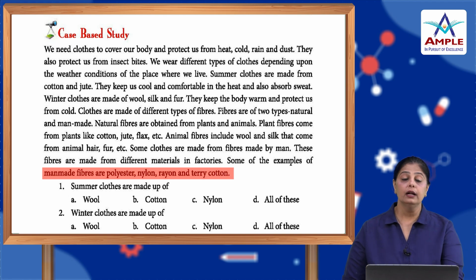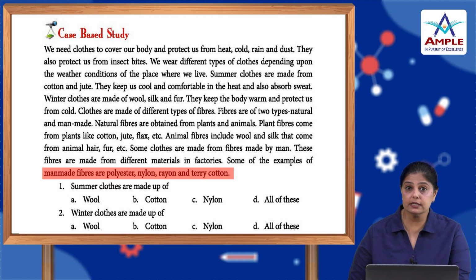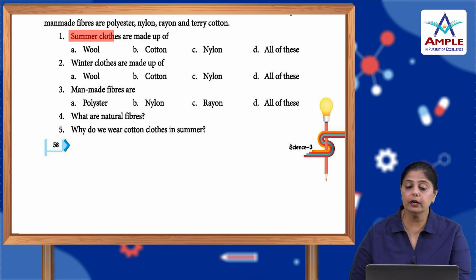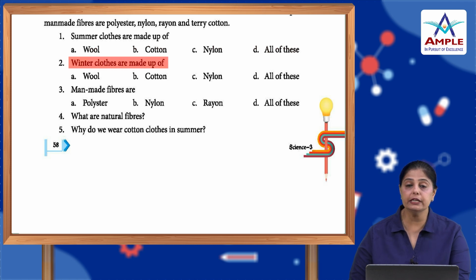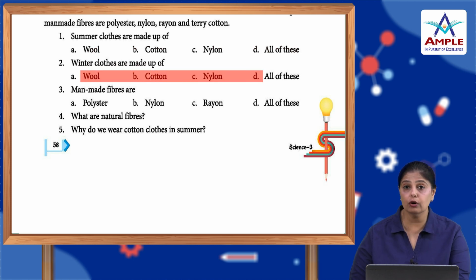Okay. Now, let's solve this based on the comprehension, or the case study, that we've just read. Summer clothes are made up of wool, cotton, nylon or all of these? They are made up of cotton. Winter clothes are made up of wool, cotton, nylon or all of these?